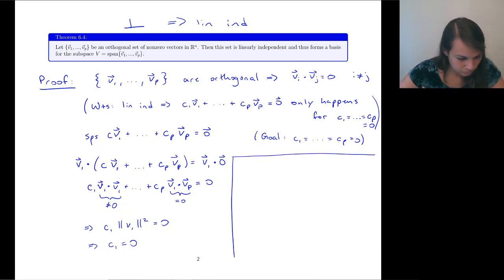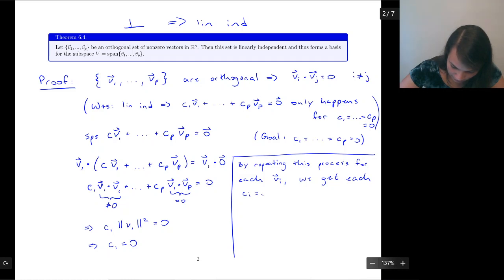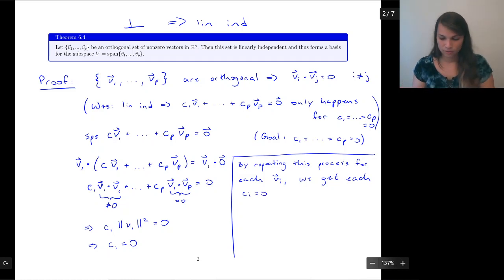So let's put that down in words. By repeating this process for each vi, we get each ci equals 0, which is great.